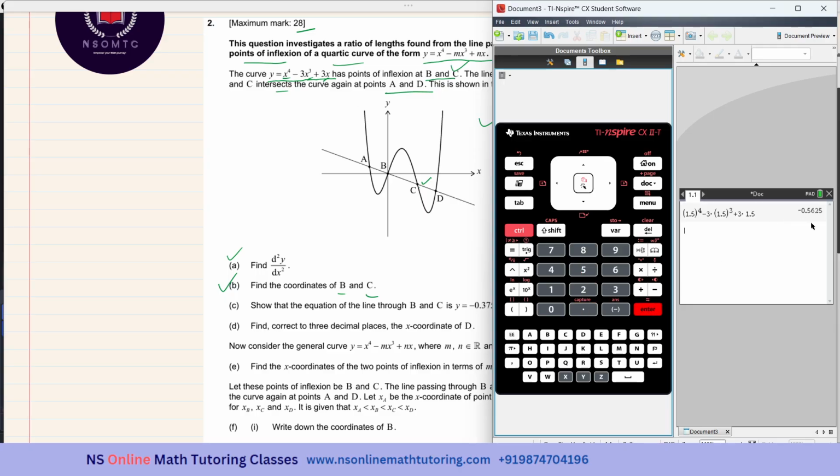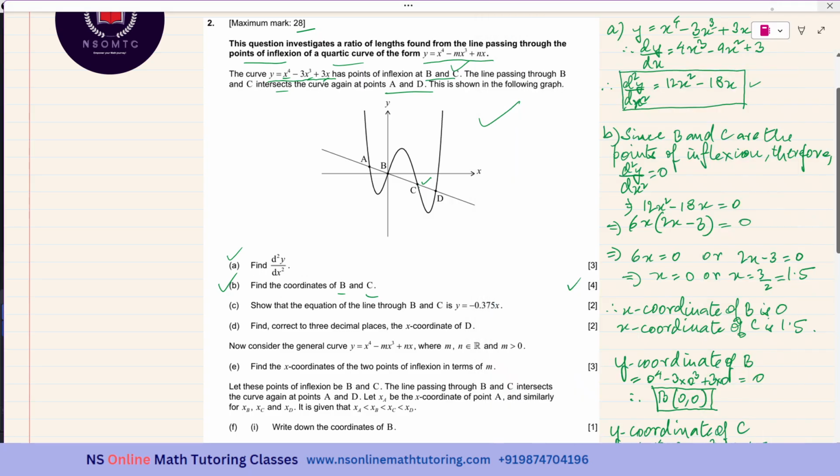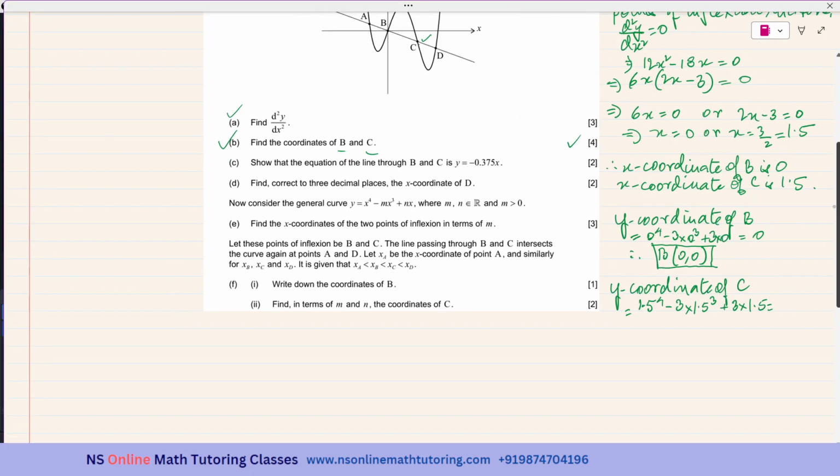Negative 0.5625. So this is negative 0.5625. Therefore, C is (1.5, negative 0.5625).